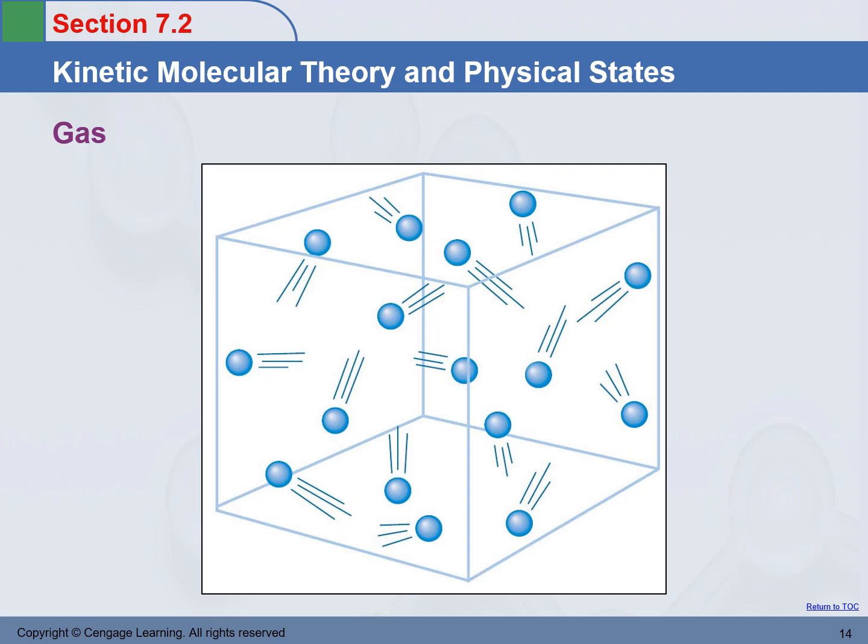This is a representation of the gas state. Particles are very far away from each other. They have basically zero attraction. They move independently. As a result, for a situation like this, you'll know they will have indefinite shape, indefinite volume, low density because it's full of empty spaces in between the particles, and higher compressibility.